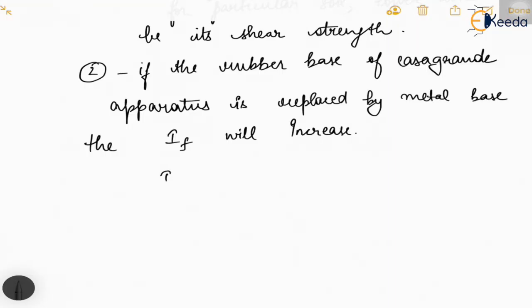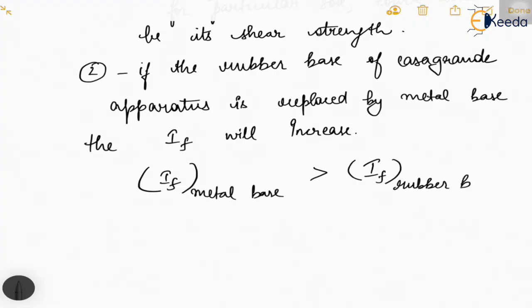Correct? So we can write that flow index for metal base is observed to be higher than the flow index for rubber base. Do you agree with me on this point?